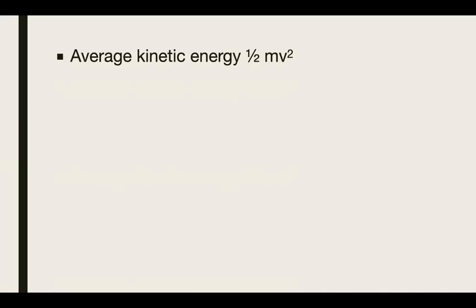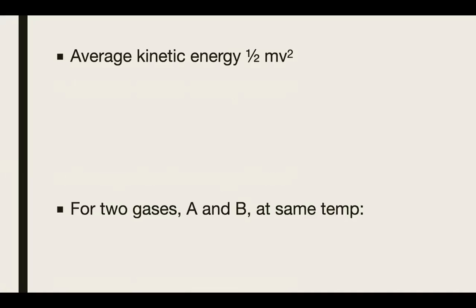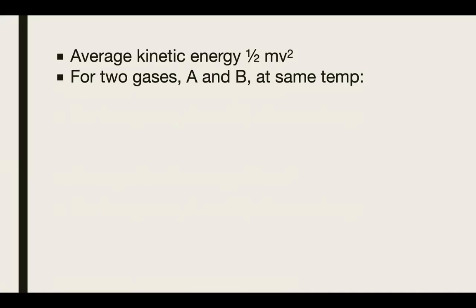In physics, I'm assuming last year you learned the formula for kinetic energy, which is 1/2 mv squared. So for two gases, A and B, at the same temperature, we substitute: half of the mass of gas A times the velocity of gas A squared is equal to half of the mass of gas B times the velocity of gas B squared, right?